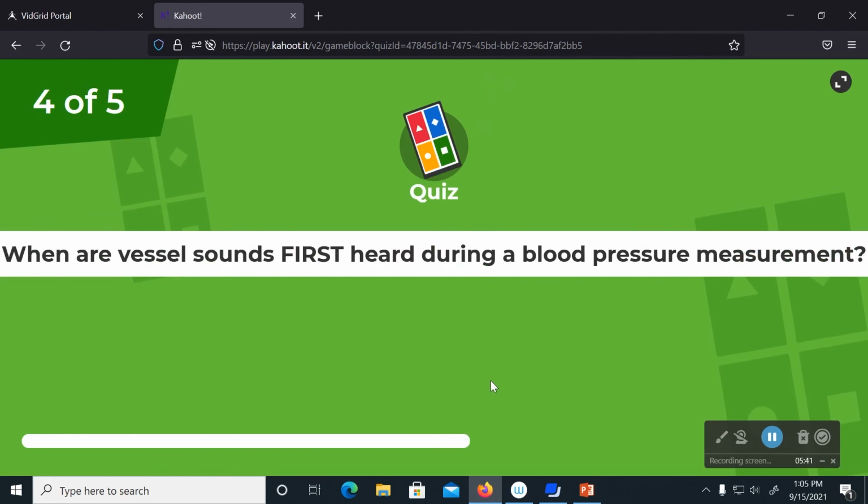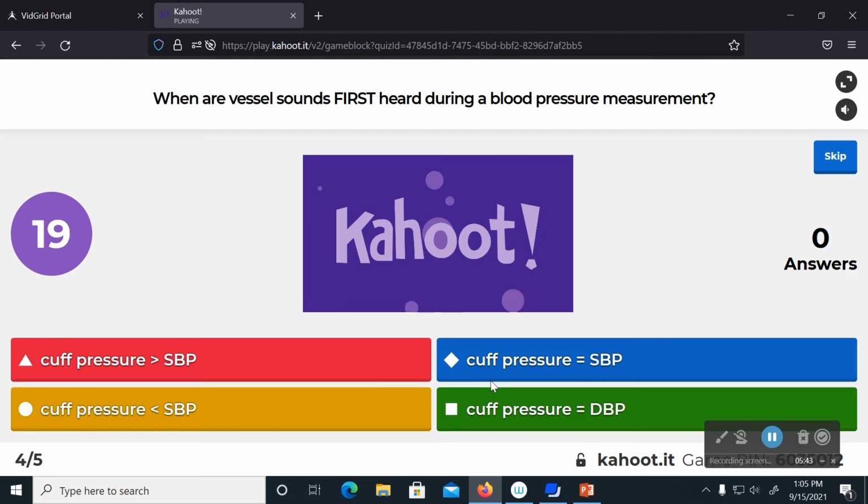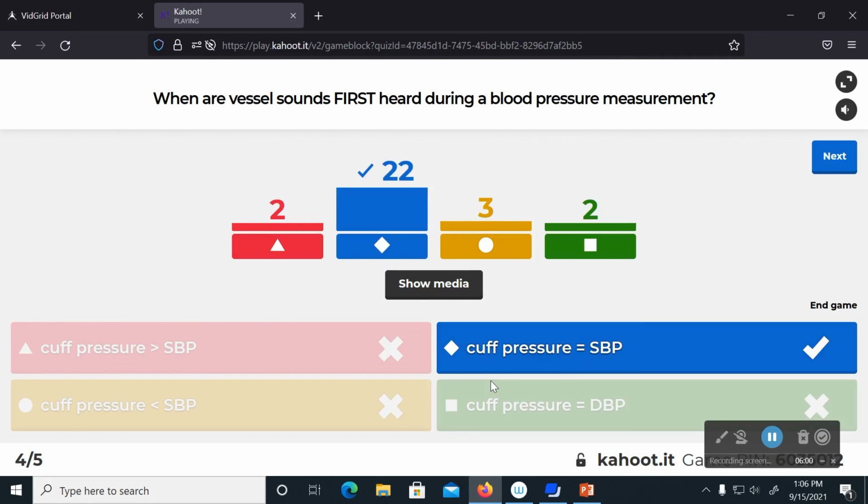When are vessel sounds first heard during a blood pressure measurement? Yeah, when the cuff pressure is approximately equal to systolic blood pressure. Now, to be honest, I would also have to give you the yellow one too, right?